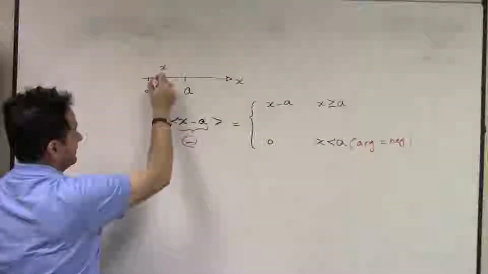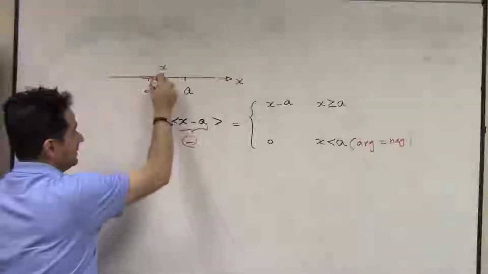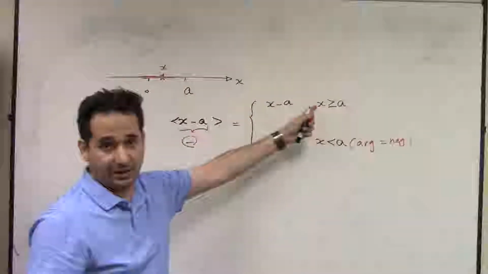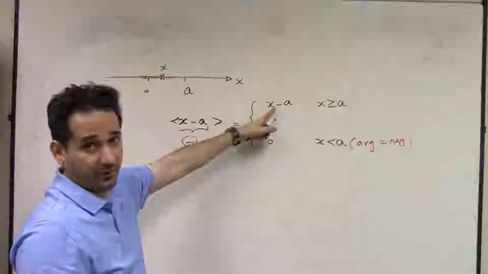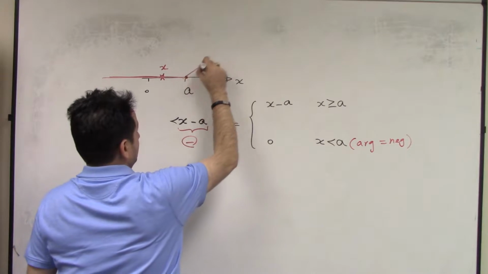So before that, the value of Heaviside is 0, until you come to the point A and greater than that. In that case, you get x minus a. So that's the function.